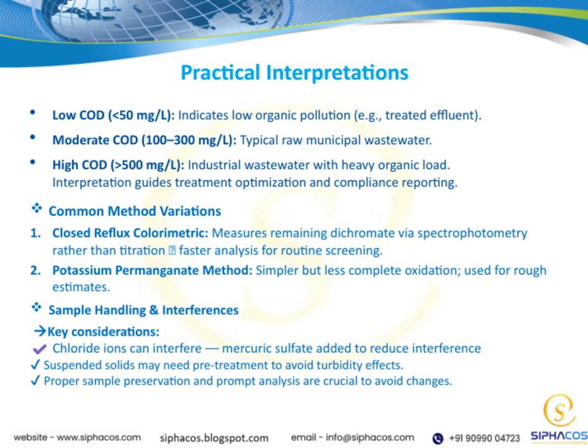Lastly, proper sample preservation and prompt analysis are vital because delays or improper handling can alter the sample composition and lead to inaccurate results. All these points are interconnected and help us ensure that our COD measurements are reliable, which is essential for effective wastewater management and environmental protection.